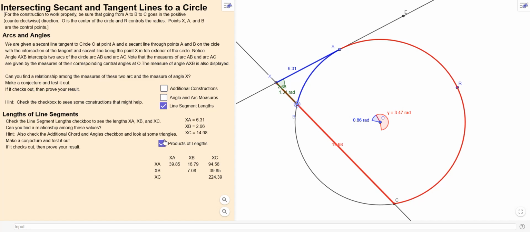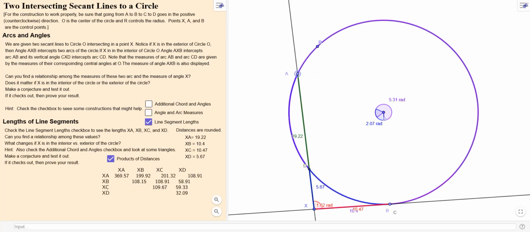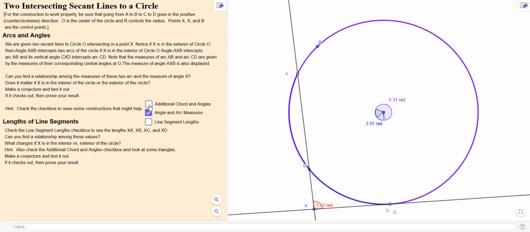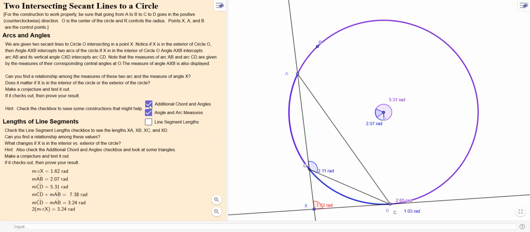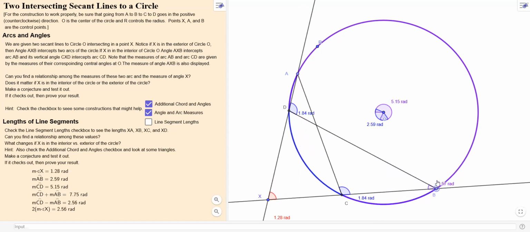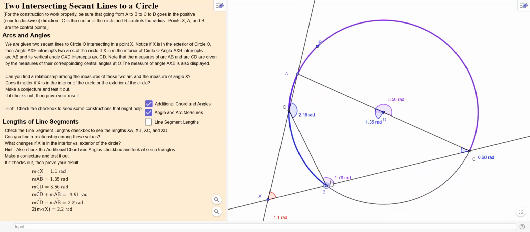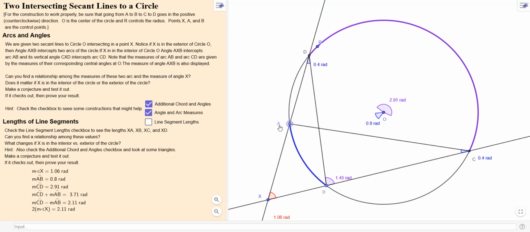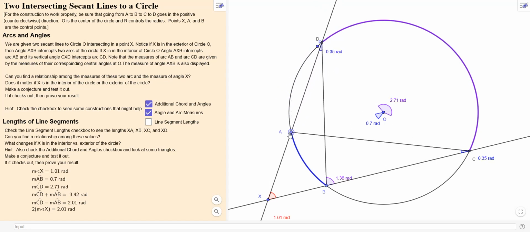While we're at it, let's go back and remember a couple of things that we did about angles. Okay, here's our setup, right?